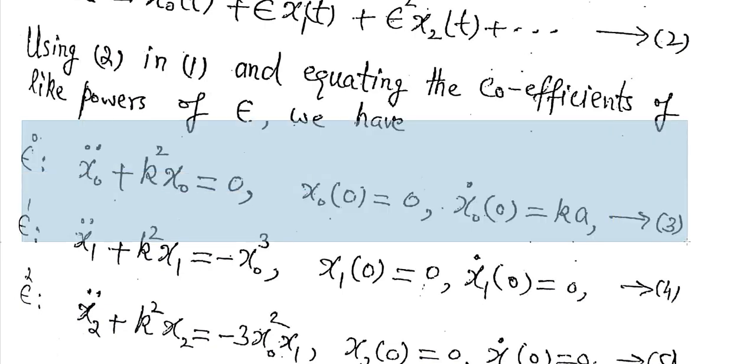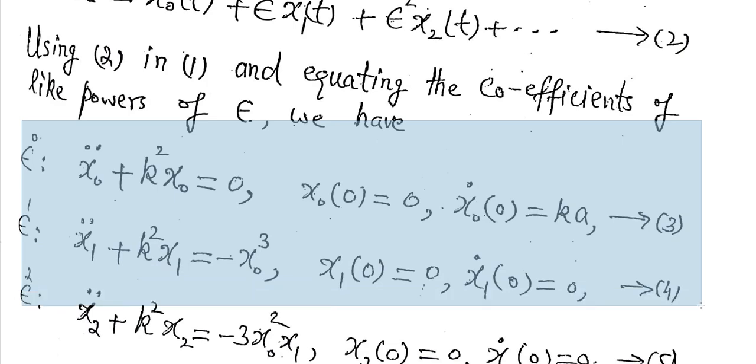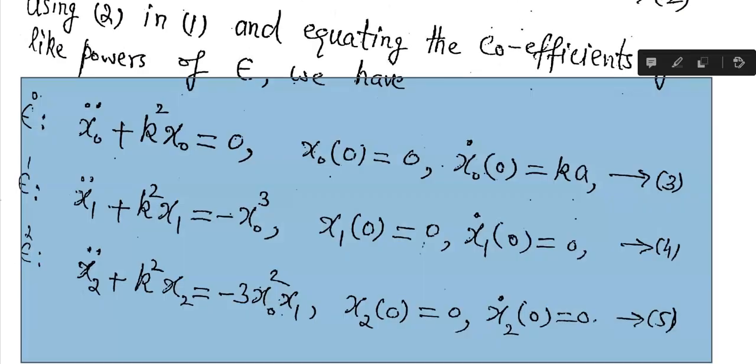Similarly, equating the coefficients of epsilon power 1, we get the second system, which is x1 double dot plus k square x1 is equal to minus x naught cube, and the two initial conditions. And the third system, by equating the coefficients of epsilon power 2, is given in equation number 5, which is highlighted over here.